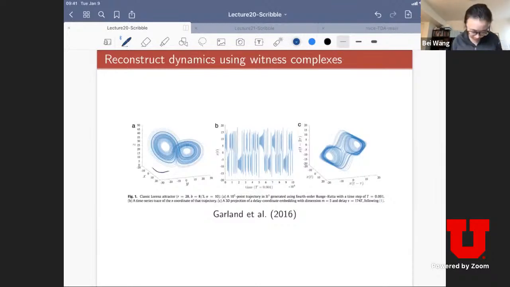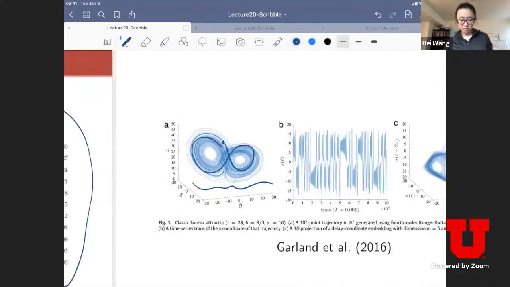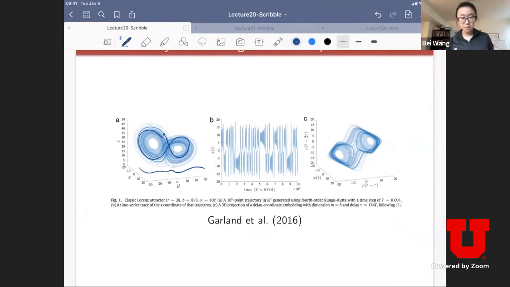The classic one on the left is what's called the Lorenz attractor. It's a very simple dynamical system, and if you throw a particle in here, it moves around like this. This is how the trajectory moves. And then you can sample points from this point cloud.